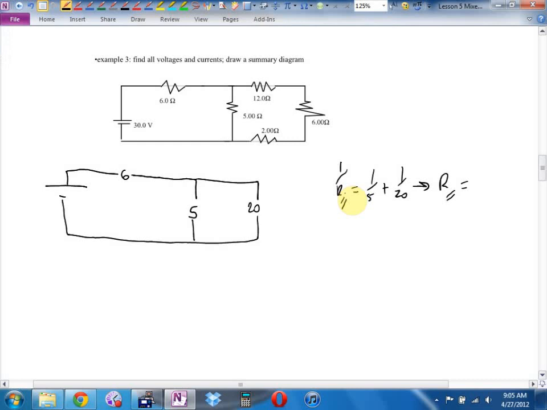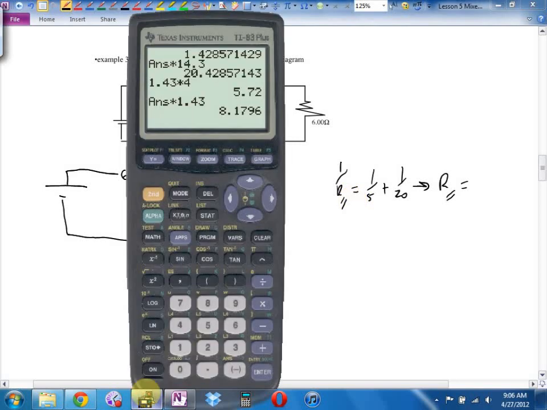Where's your calculator? Get it out. Katie, what'd you get? Really? Nicole, what'd you get? And if you can't do this, you're not passing the test.